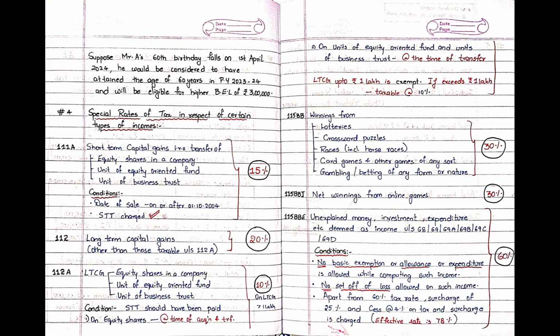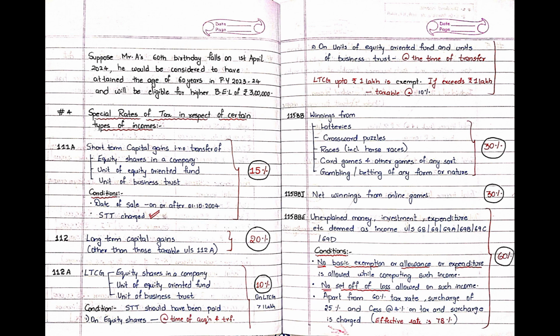Let us go through what are the long-term capital gains which have arisen under the section 112A. Under section 112A, on transfer of equity shares in a company, unit of equity oriented fund, or unit of business trust, if long-term capital gains are earned by assessee, then such amount is taxable at the rate of 10% if it exceeds rupees 1 lakh.